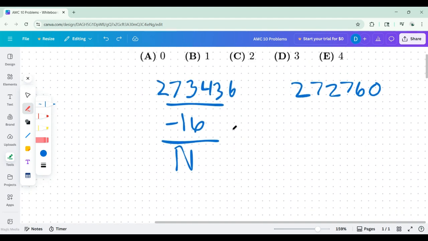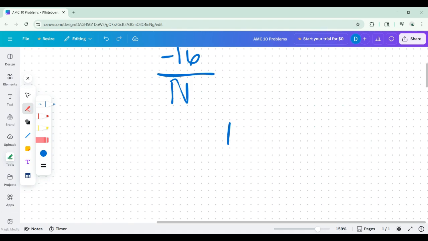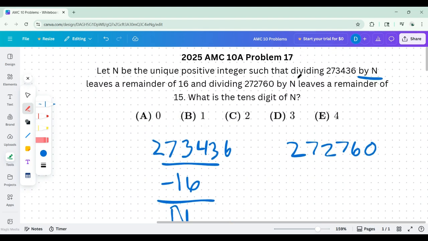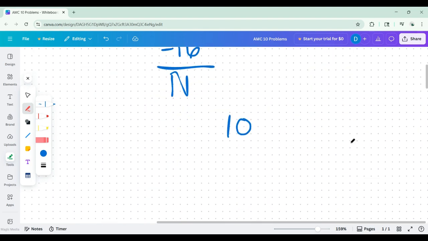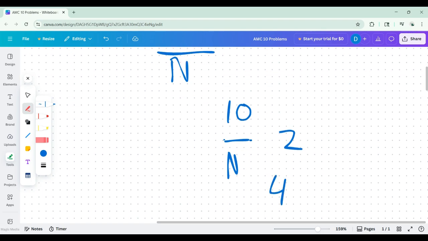We know that because, for example, if we had 10 and it's being divided by n, and it leaves a remainder of 2, and let's just say the number n is 4, which satisfies this condition.